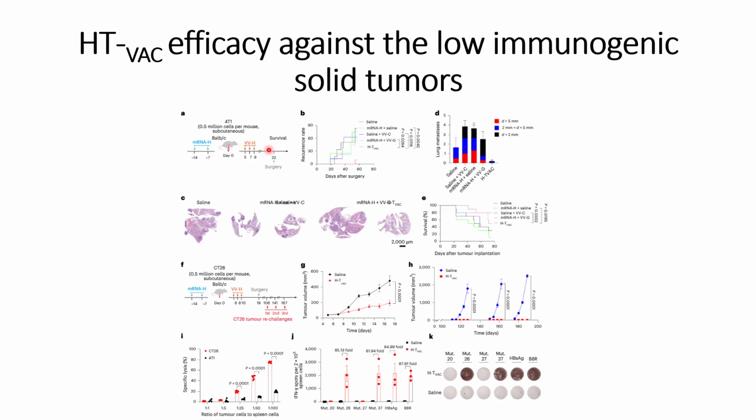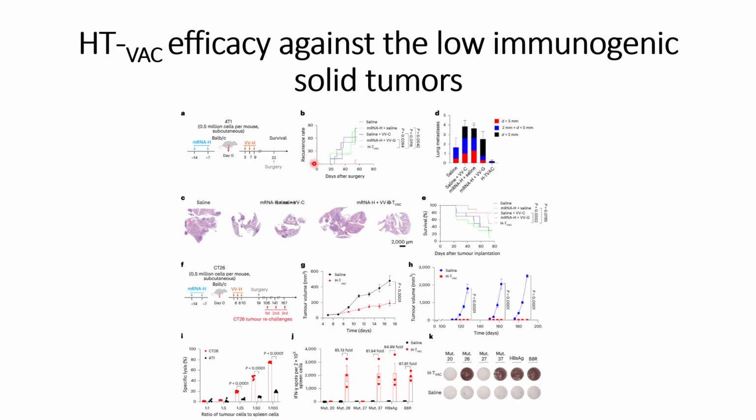Thereafter, on the 22nd day after the injection of the tumors, they checked the tumor recurrence, and on that day they also rechallenged the mice with the tumors to check the recurrence of the tumors.